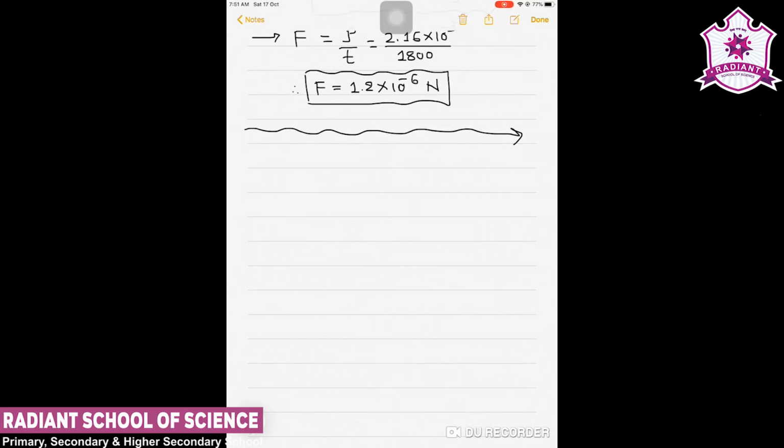It is given that suppose the electric field amplitude of an electromagnetic wave is E0, with the value 120 Newton per Coulomb, and its frequency is 50 megahertz, that is 50 into 10 raised to 6 hertz.